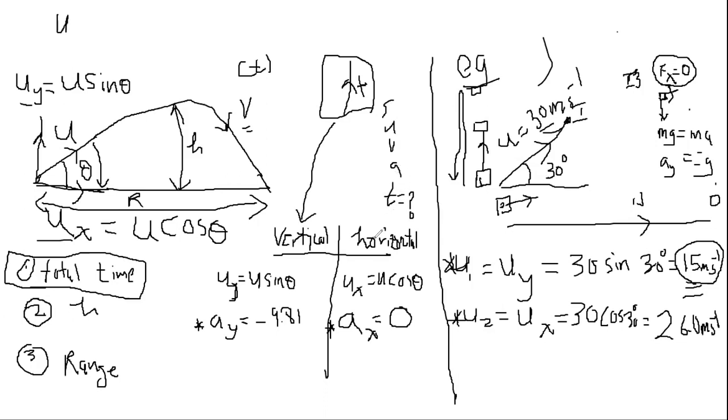Now total time you can find from vertical or horizontal. Either one can. Why? The total time taken for this object to go up and down is the same as the time taken for the first camera to go up and down, and the same as the second camera to move from here to the final point.